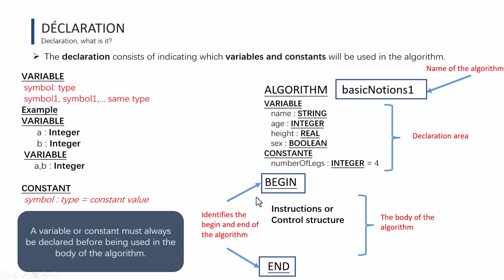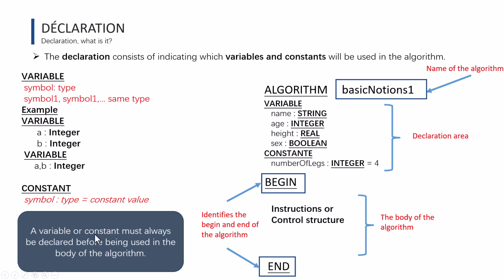After that, you have the part that you have already seen in the past video. It means the body of the algorithm, between begin and end, that identify the beginning and the end of the algorithm. Inside this part, you can have instructions or control structures, which are two important notions that you will see in the next video.